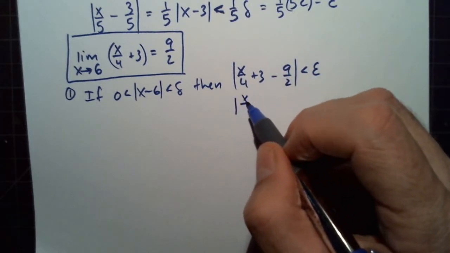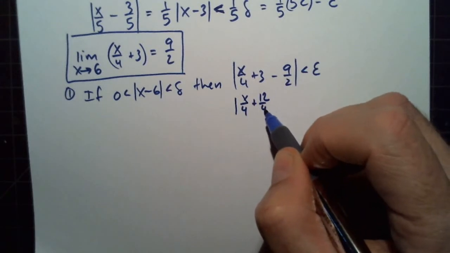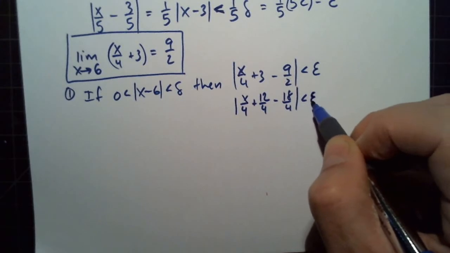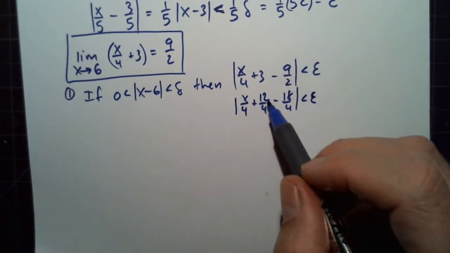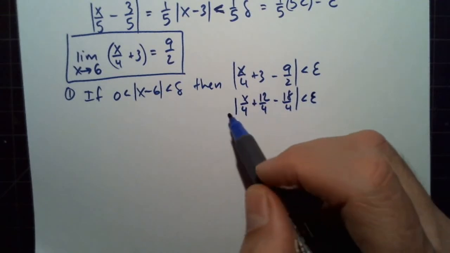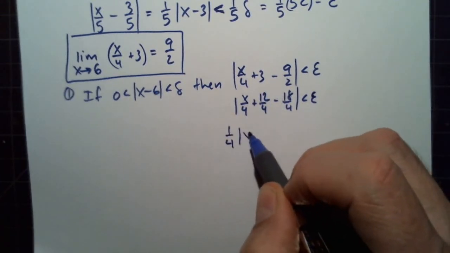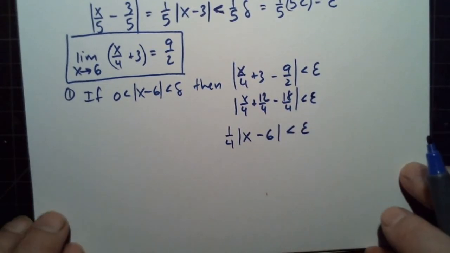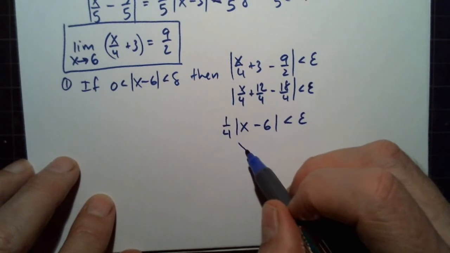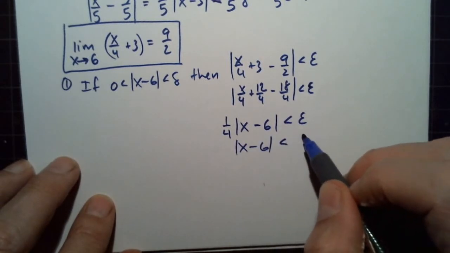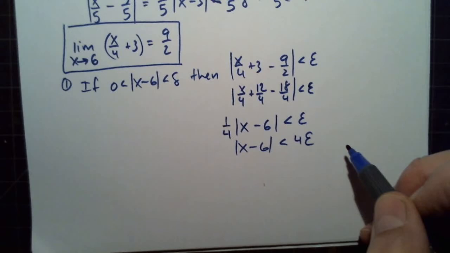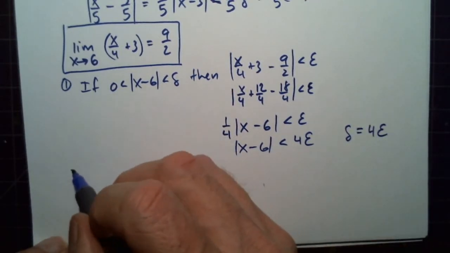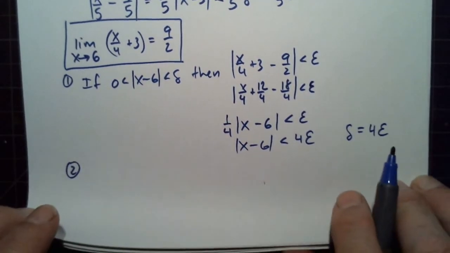So let's go x over 4 plus 12 over 4 minus 18 over 4. 12 minus 18 is 6, and we can put a 1/4 on the outside: 1/4 |x - 6|. |x - 6| less than 4 epsilon, and that means we choose delta to be 4 epsilon, and then we can state the definition.